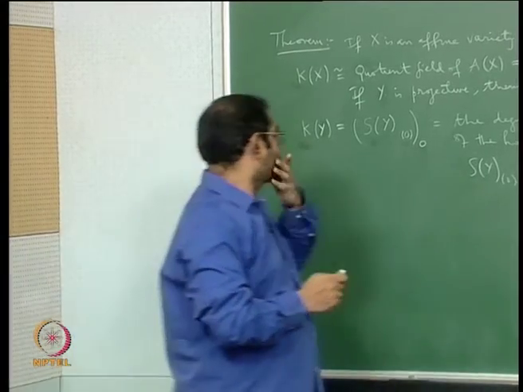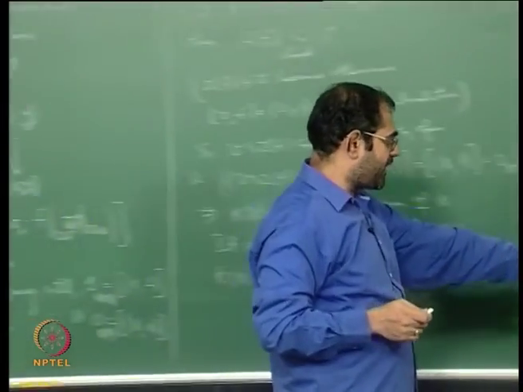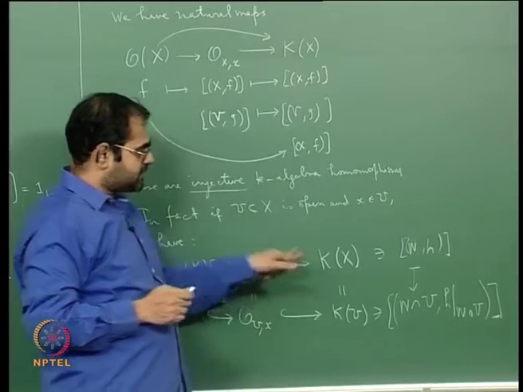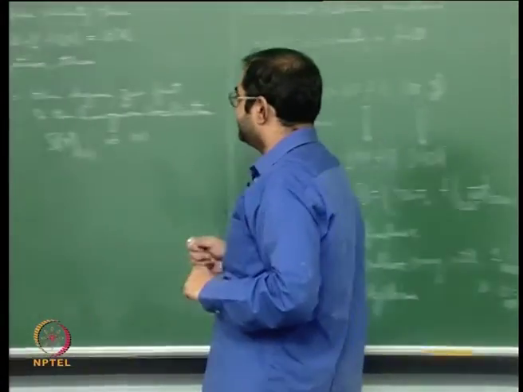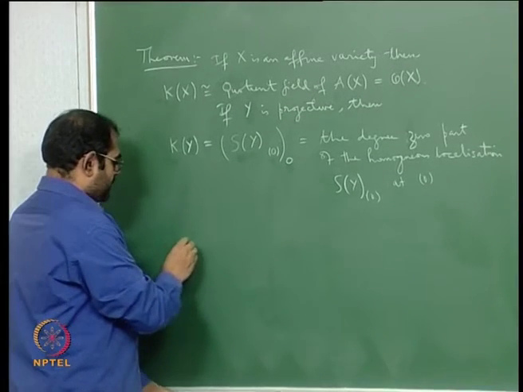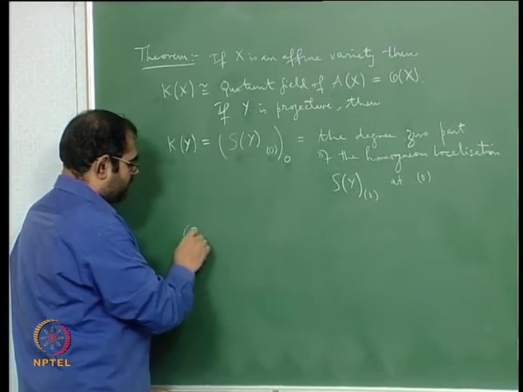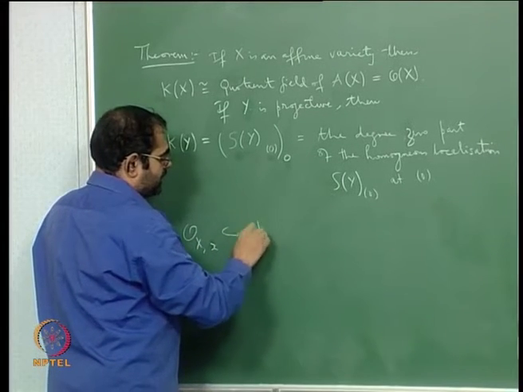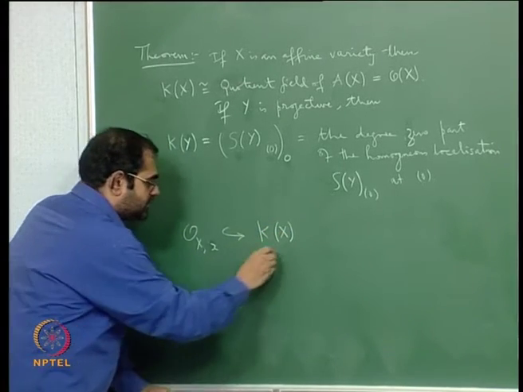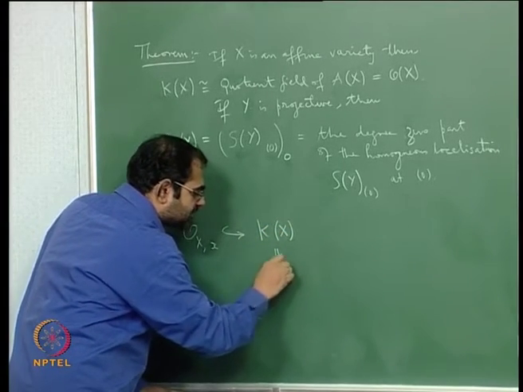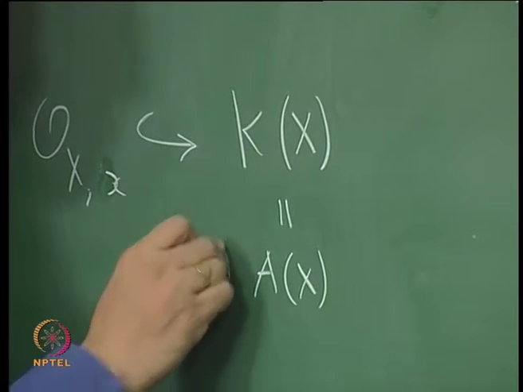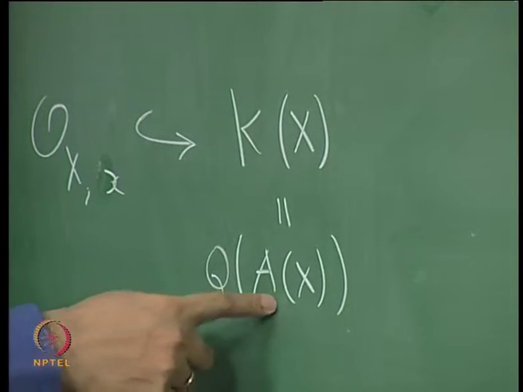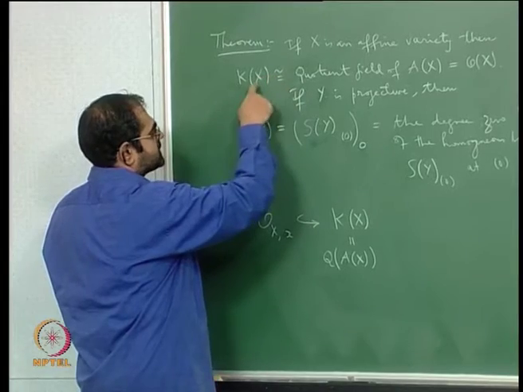If you try to write out this kind of diagram, including the local rings and the quotient fields, then Ox, small x, is going to sit inside Kx, and this Kx is just Q(Ax), the quotient field of Ax. That is what the first part of the theorem says.